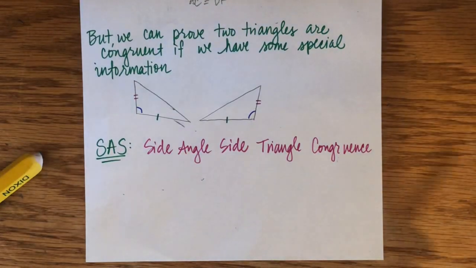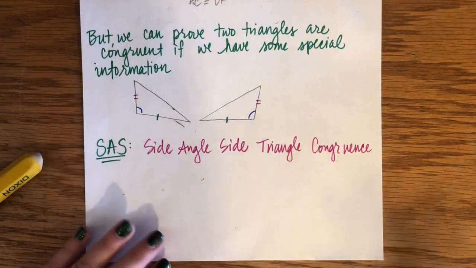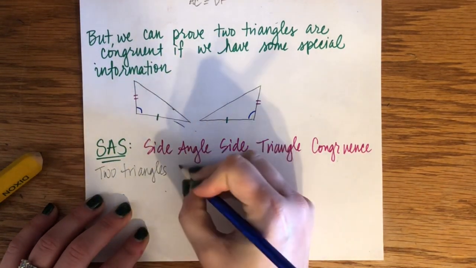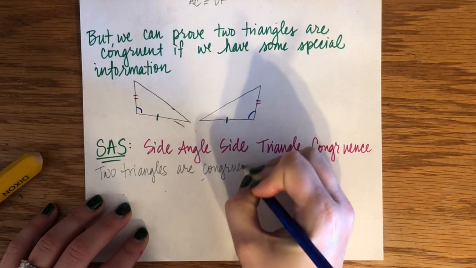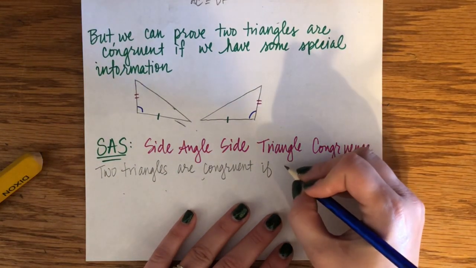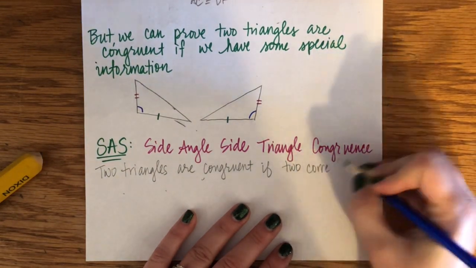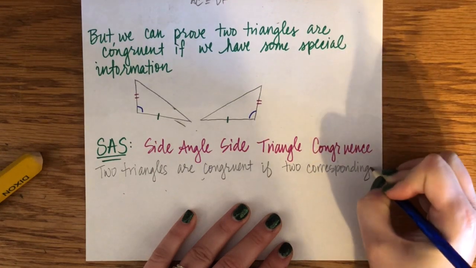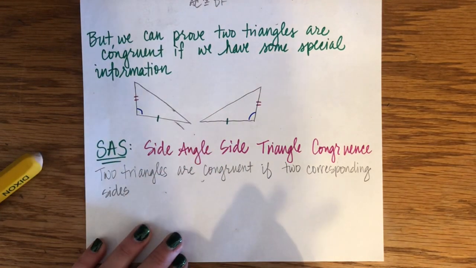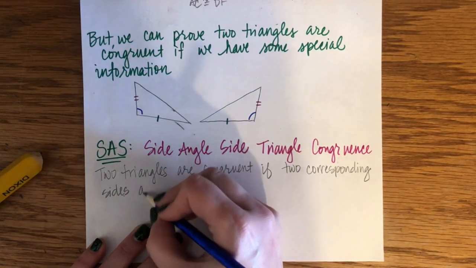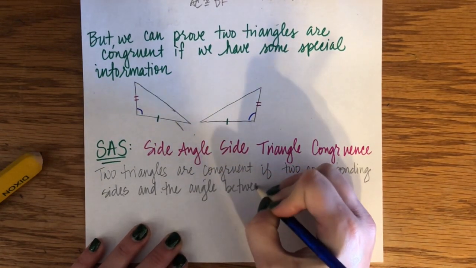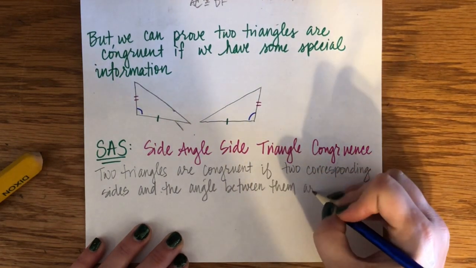So what is the definition of side angle side triangle congruence? Well, we can say that 2 triangles are congruent if 2 corresponding sides, sorry, I misspoke there, I meant 2 corresponding sides and the angle between them are congruent.